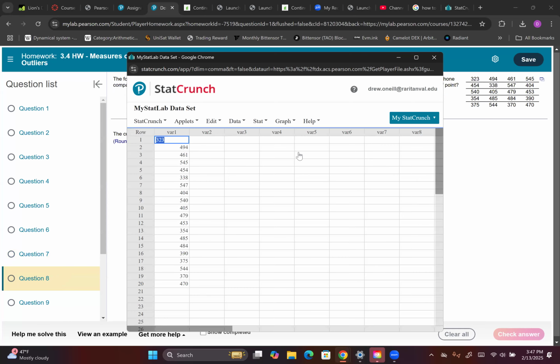Give it a second to load. Okay, so we have our data. And so what an upper fence is, it's a cutoff point for when things would be considered an outlier.